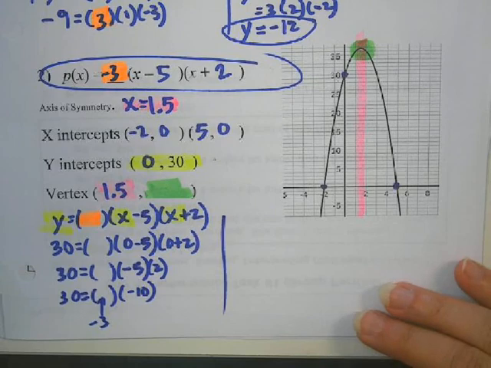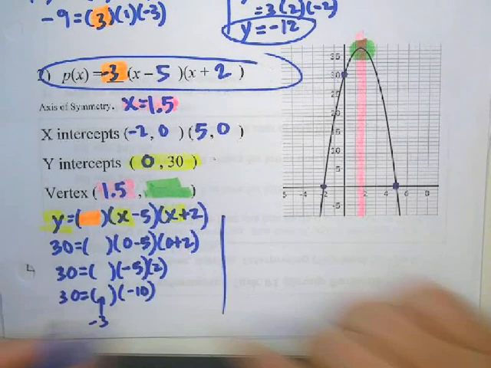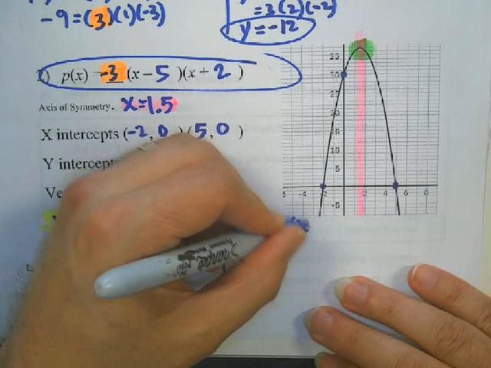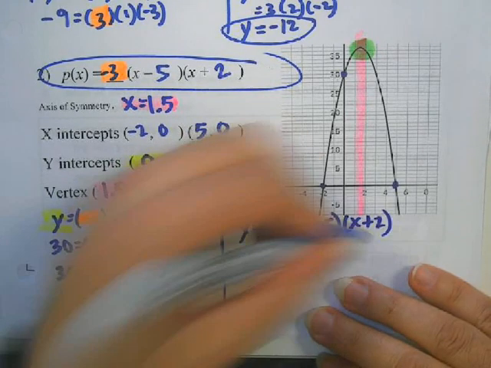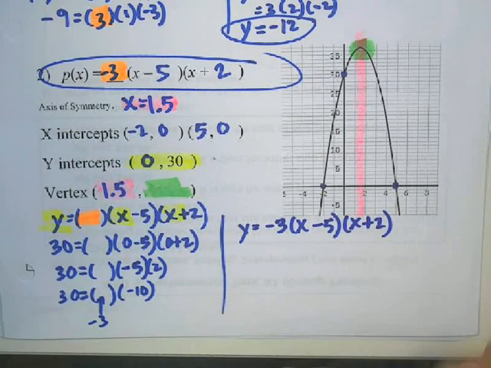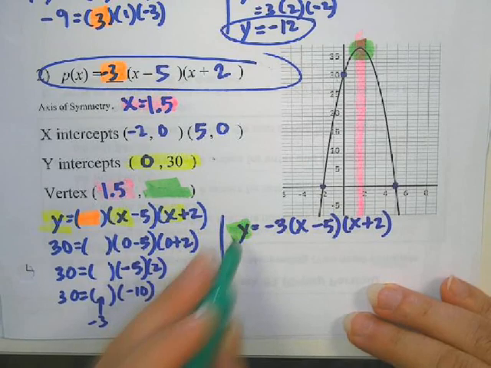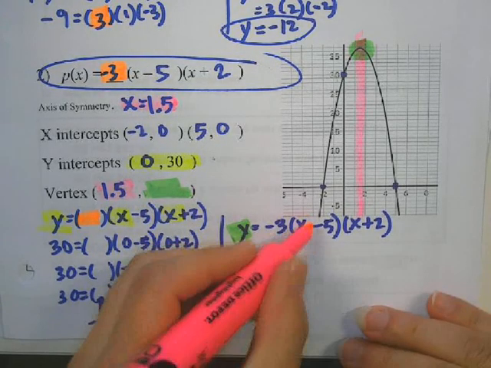Okay, so now that we know x is negative 3, we can find the vertex. So we can say y equals negative 3 times x minus 5 times x plus 2. And I'm trying to find the y value of the vertex, right, that guy. And so I'm going to replace x with 1.5.